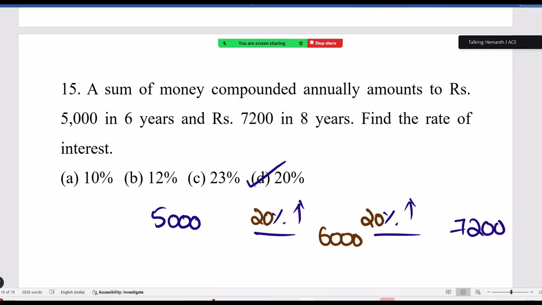If we try 10%, 5,000 becomes 5,500, then adding 550 gives 6,050 only. So the rate of interest is 20%. No need of those typical formulas. I don't always like these formulas. We have to solve the questions in a natural, general, simple way.